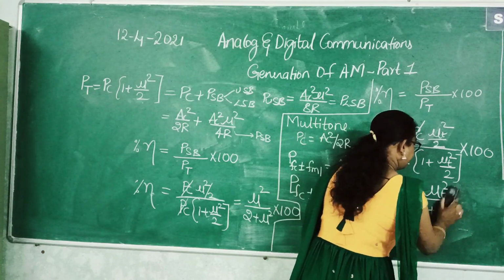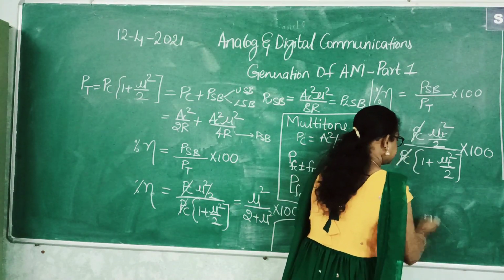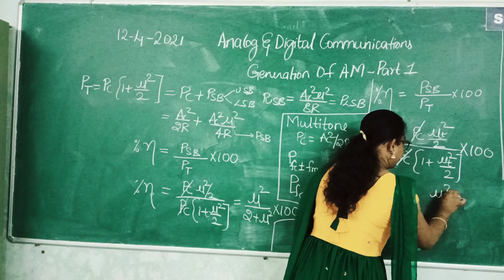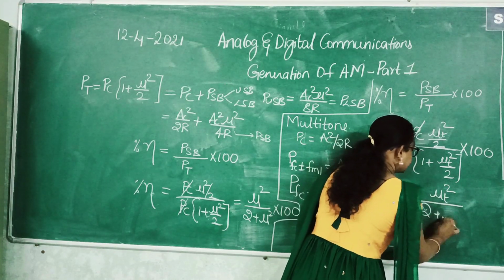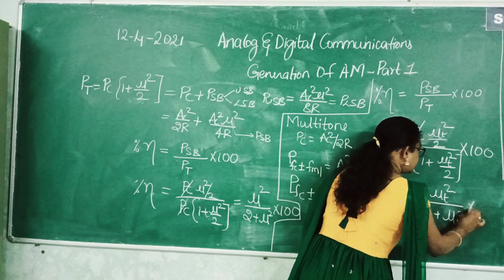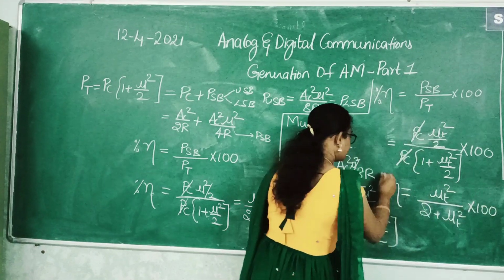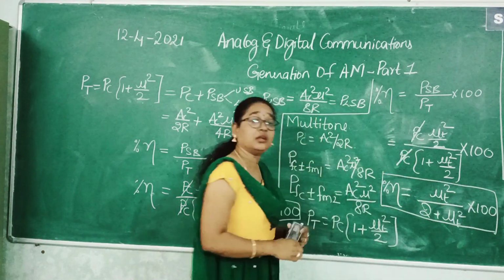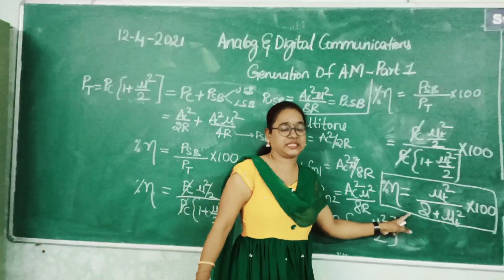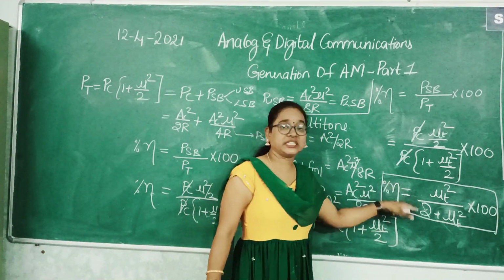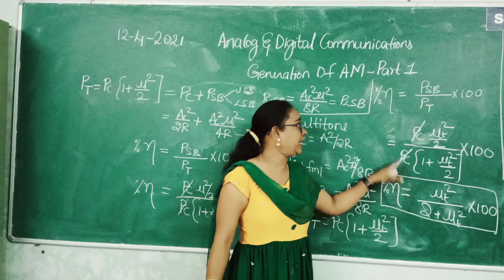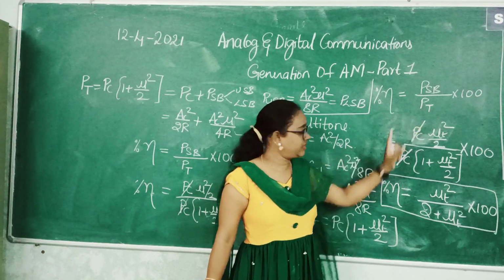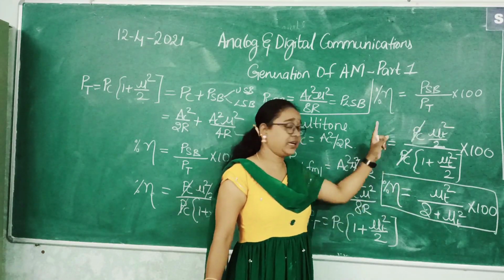Upon simplification, we get mu t square by 2 plus mu t square into 100. This is the percentage efficiency calculation. The meaning of this is how much useful power is retained by the sidebands. This calculation gives that information.